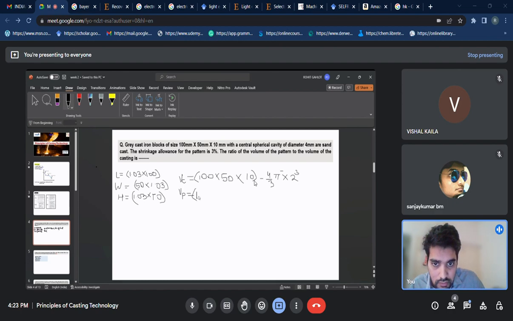So this will be the volume of the casting. Now if we talk about the volume of the pattern, we simply need to consider all these three sides with their respective shrinkage factors. So finally, 100 will be taken as 100 multiplied by 1.03.